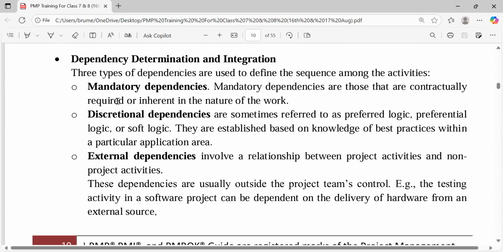Yeah, you can see the different kinds of dependencies. And I told us about the external dependencies. These are things that are external to our project that we must observe before we schedule things. And in the discretionary dependency, I told us we can use another word, preferred logic, another word, preferential logic, and another word, soft logic, to describe the discretionary dependencies, while the mandatory dependencies are the hard logic.